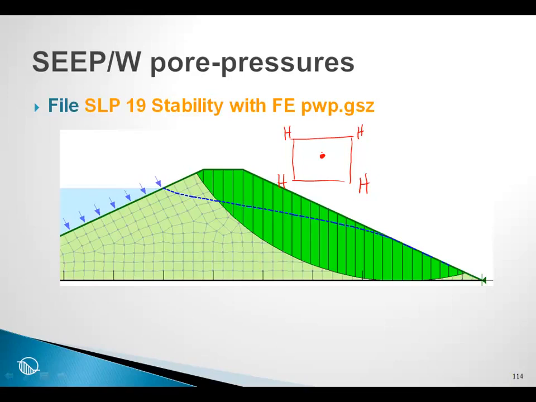The procedure then is to say that the pressure head is equal to the total head minus the elevation, and the pressure head at the particular point in the element is the matrix of interpolating functions times the heads at the nodes.